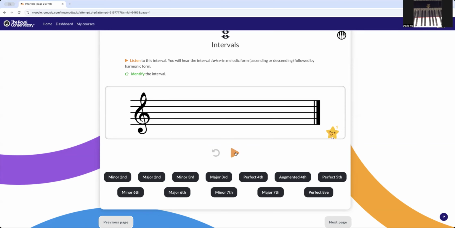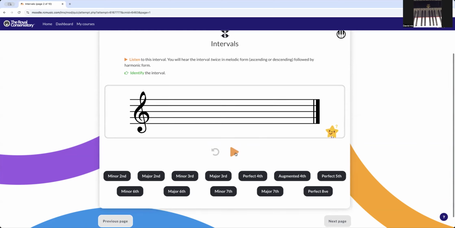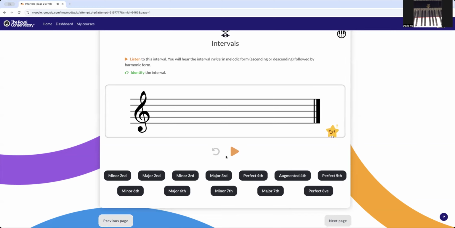Why is this one a minor third? Okay, first of all, we have already removed the perfect ones, right? Because they are definitely not perfect. Okay, and then we listen to this one, it sounds very dark. The color of this interval is very dark, so it's definitely minor.